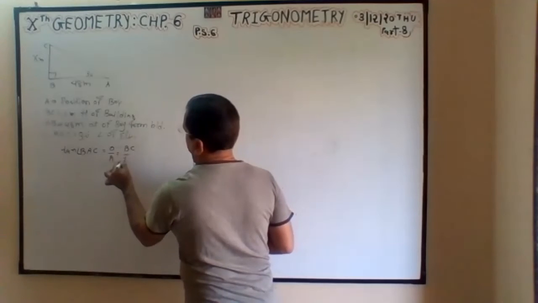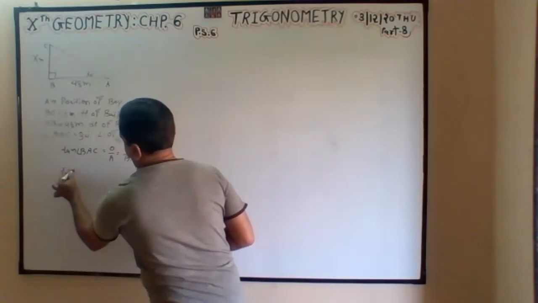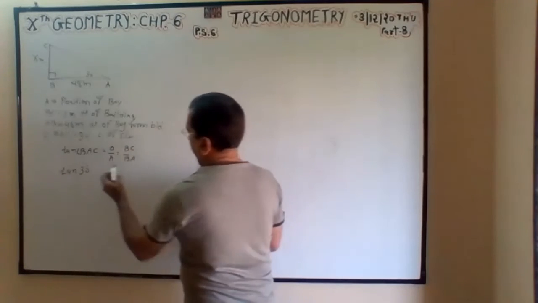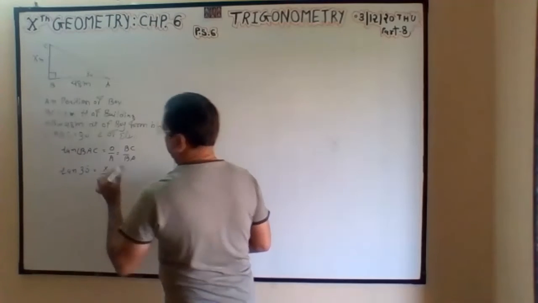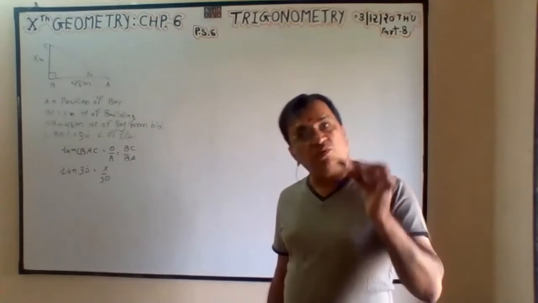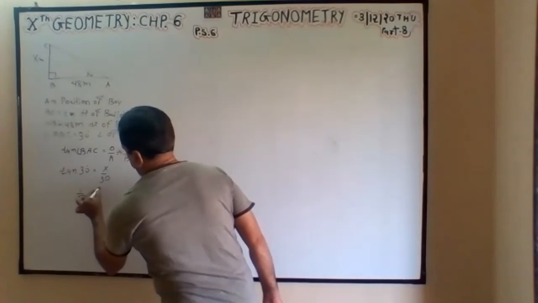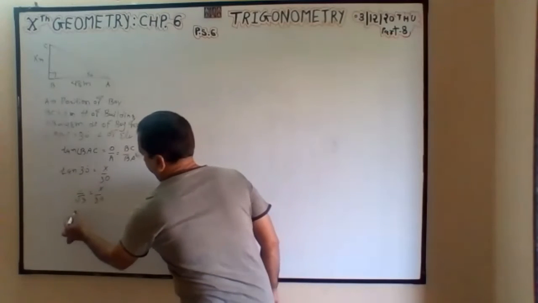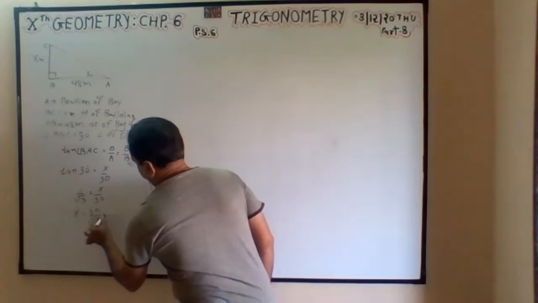Opposite BC, BA. Tan 30, x meter by 48 meter. Tan 30 is 1 by root 3. 48 goes this side, so x is equal to 48 divided by root 3.